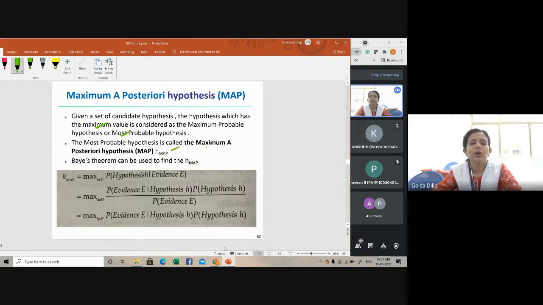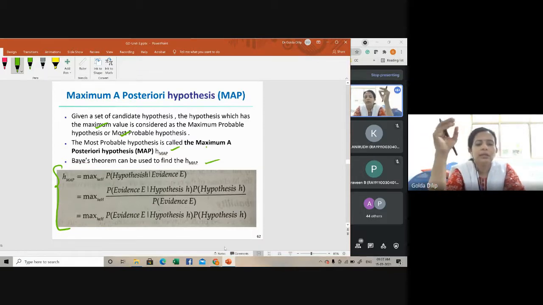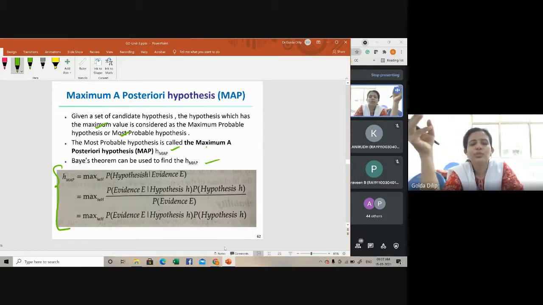So Bayes theorem can be used to find the H MAP. You can see here how Bayes theorem is being used to find out your H MAP. Basically the selection of the most probable hypothesis from a set of hypotheses is formally defined as your maximum a posteriori hypothesis.